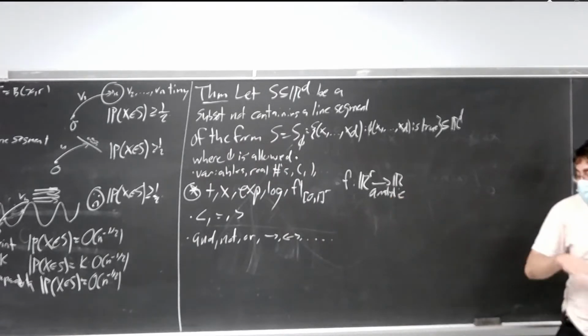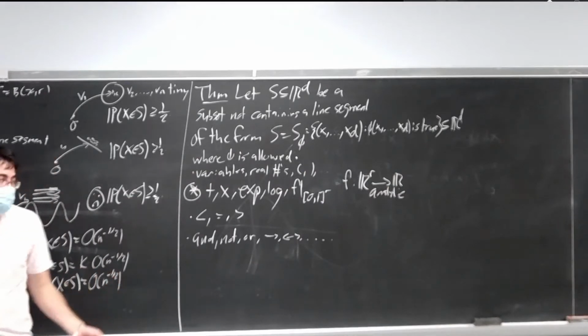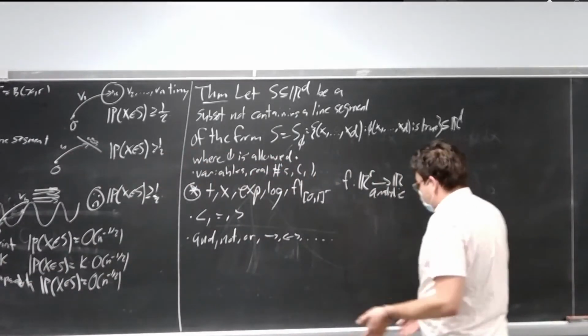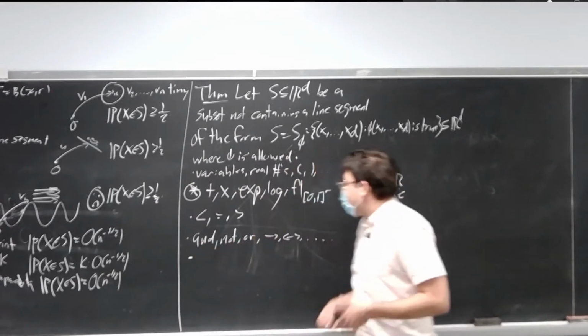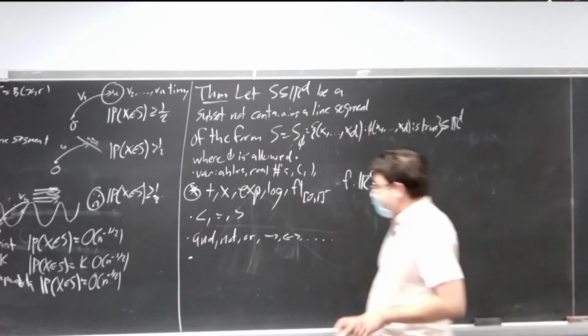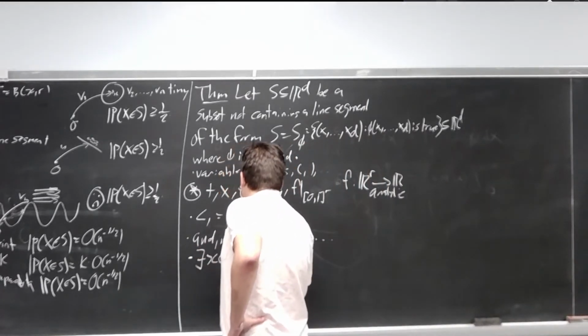Any logical connective is fine. And then finally, although it doesn't increase the expressive power particularly, like the amount of sets that this next thing will allow you, doesn't increase it that much, but it's very handy to have. I'm going to allow you to quantify over the real numbers.